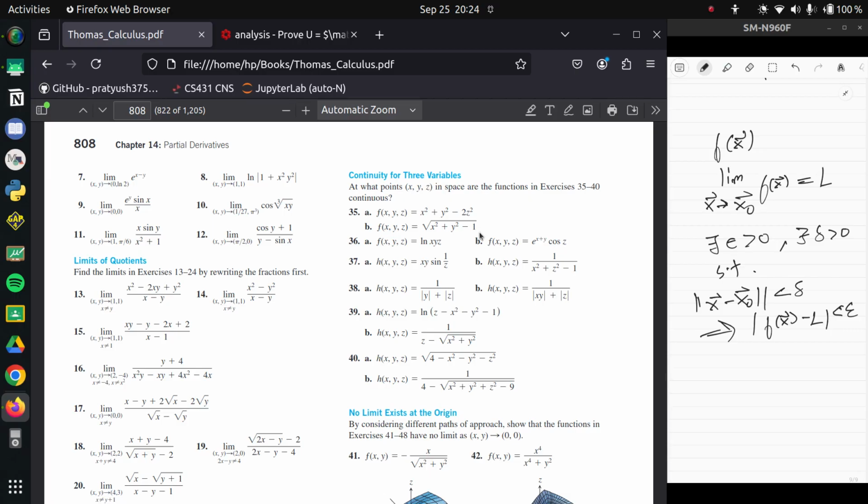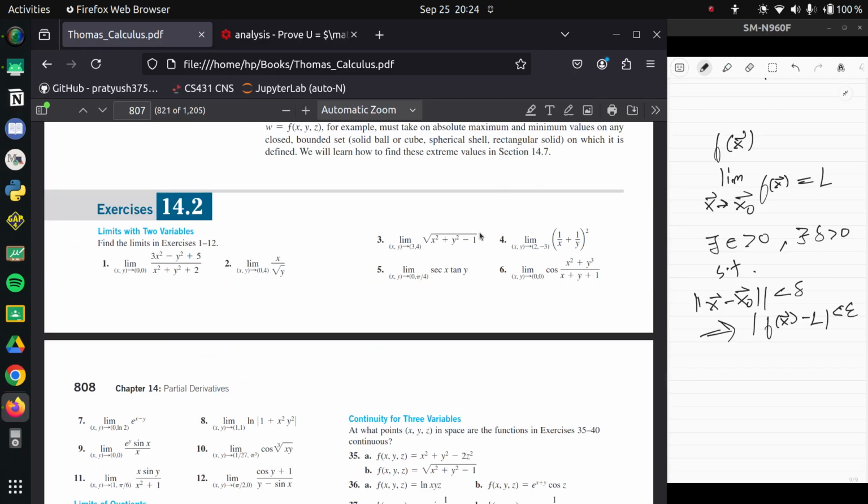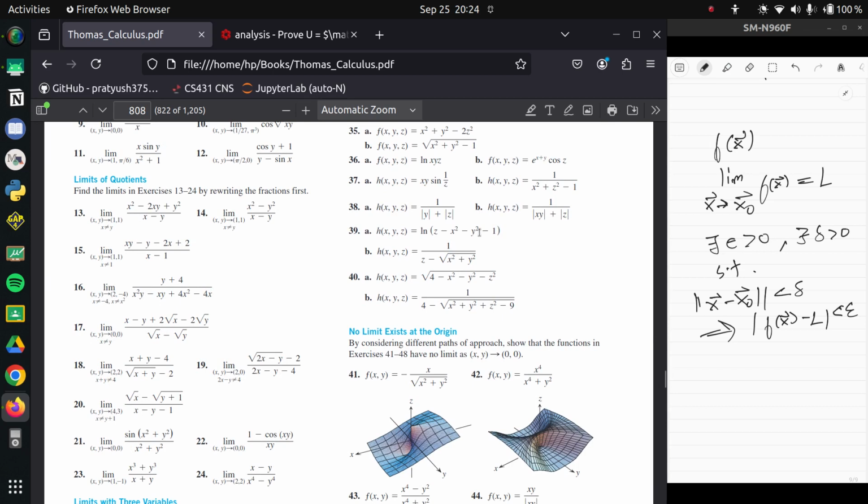Find the limit in these exercises by rewriting the fractions first. So here, what was the thing? This was the limit with two variables. What exactly did we want to do? Did we have to do some epsilon delta stuff? I don't know. I don't care actually.